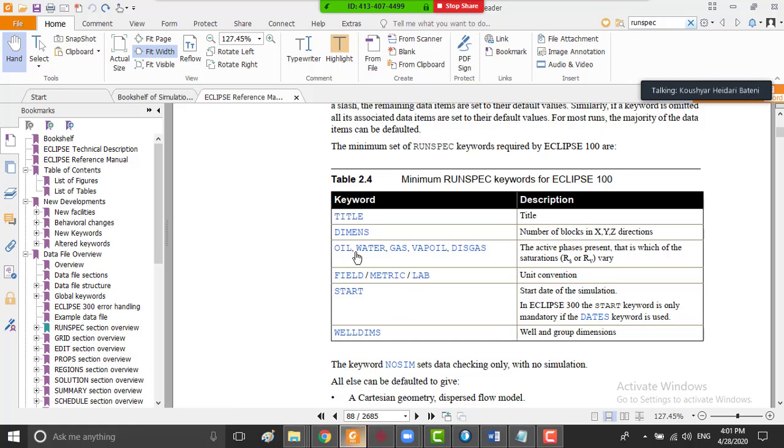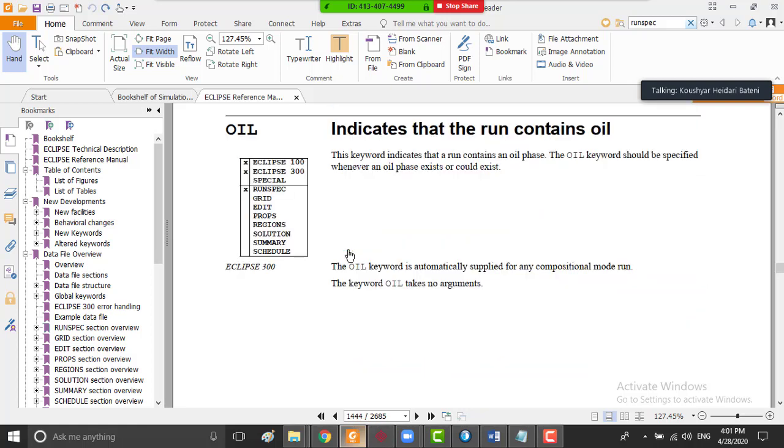If you click on one of them, for example, oil or gas or water, I'm going to click on oil. I'm going to see here that this keyword can only be used in the run spec section. And this keyword indicates that a run contains an oil phase. The oil keyword should be specified whenever an oil phase exists or could exist. Okay?